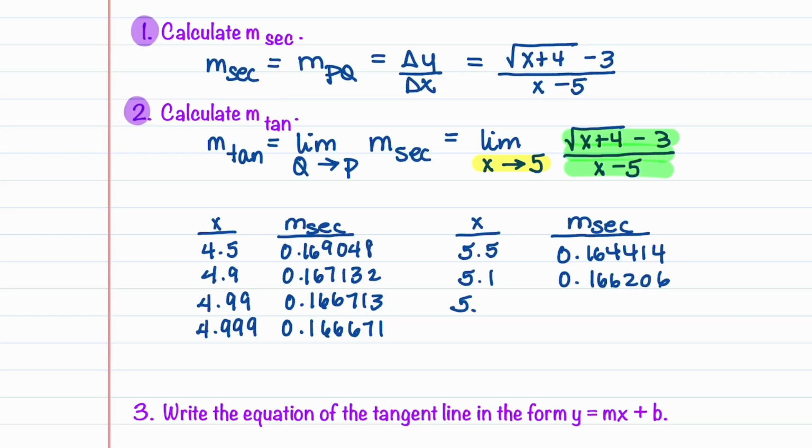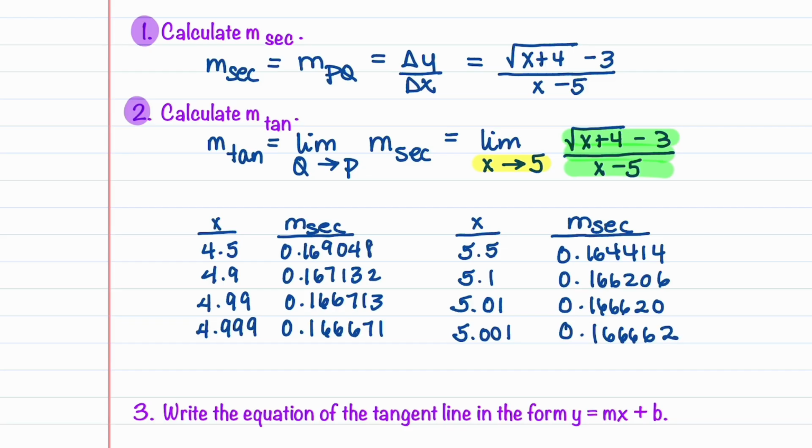Then x is 5.01, and our slope is 0.166620. And lastly, x is 5.001, and we get that the slope of the secant line is 0.1666, that's four sixes and then a 2.